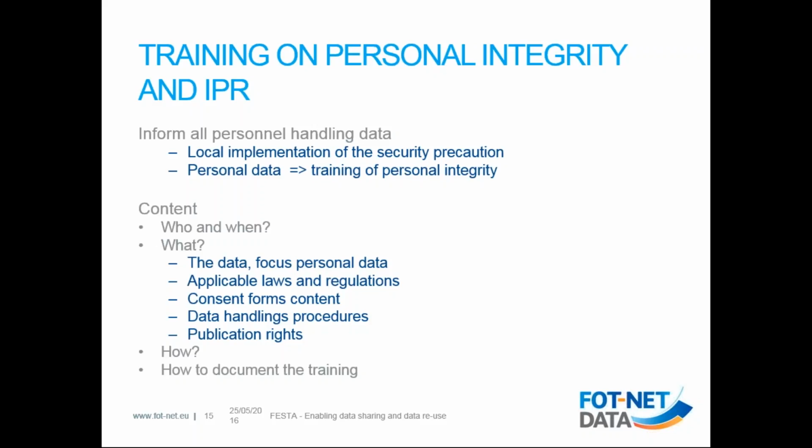You have to talk about the applicable laws and regulations, and the content of the consent forms, so that the user gets a flavor of what the participant has consented to. The data handling procedure: how do you get access, what are the precautions, the data protections, and so on. And you also need to know about the publication rights: what can you publicize and what is restricted.